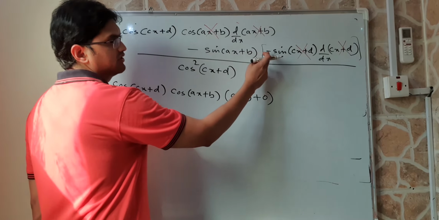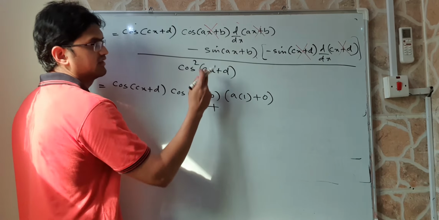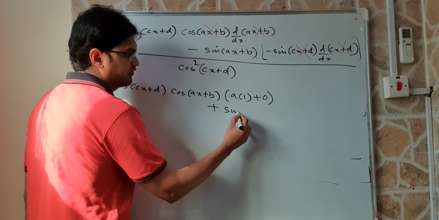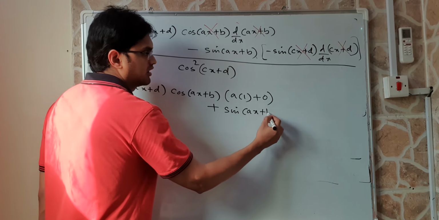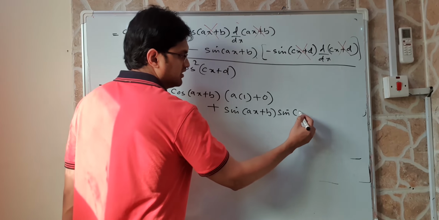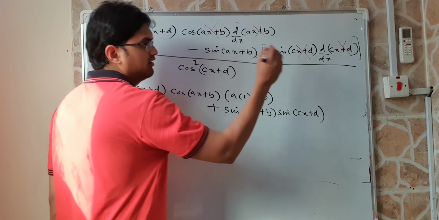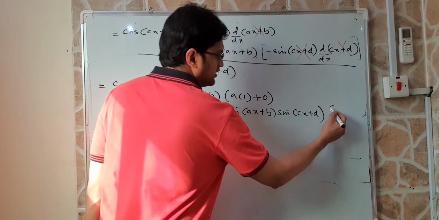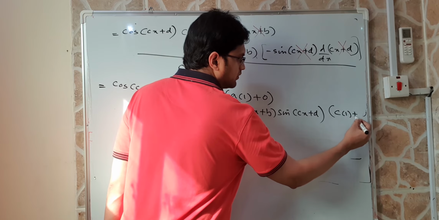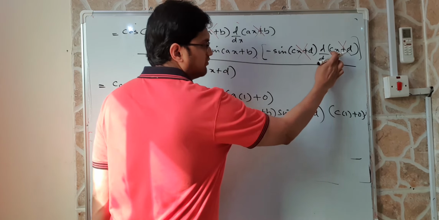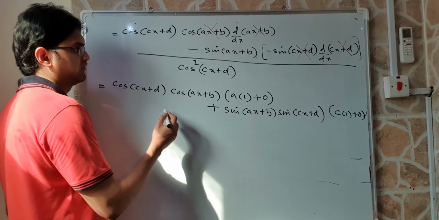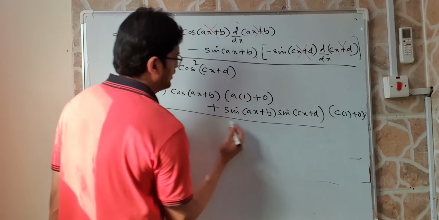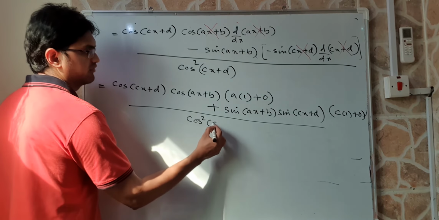Next, minus into minus is plus. You have sin of ax plus b, sin of cx plus d. Again, the derivative of cx plus d is c into 1 plus 0, because the derivative of x is 1 and the derivative of d is 0, divided by cos square of cx plus d.